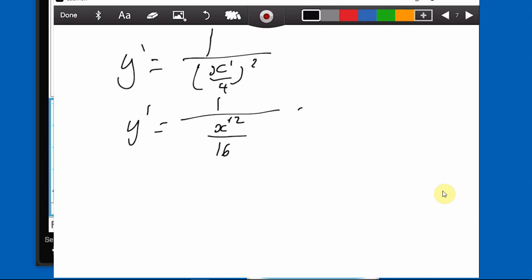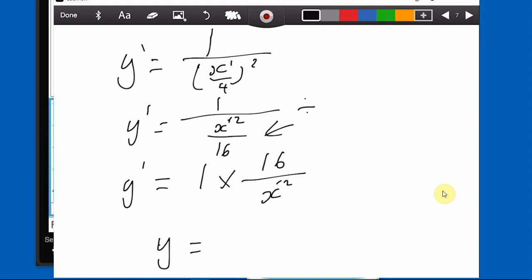Now if we're dividing by a fraction, we can flip it and multiply. And so our image then for A is Y equals 16 on X squared for that particular one.